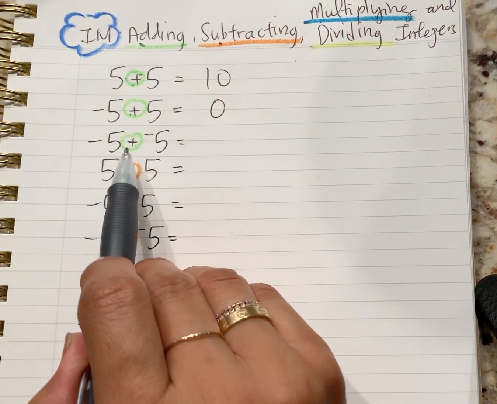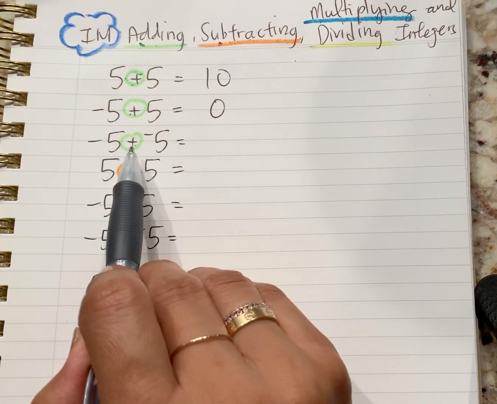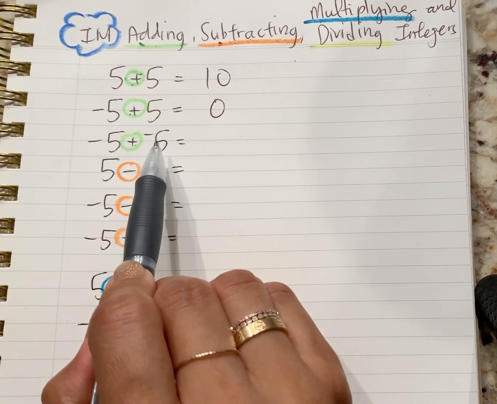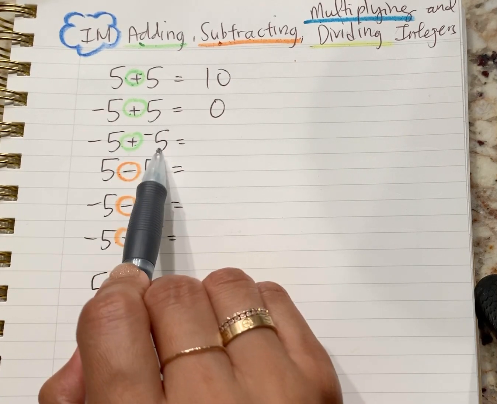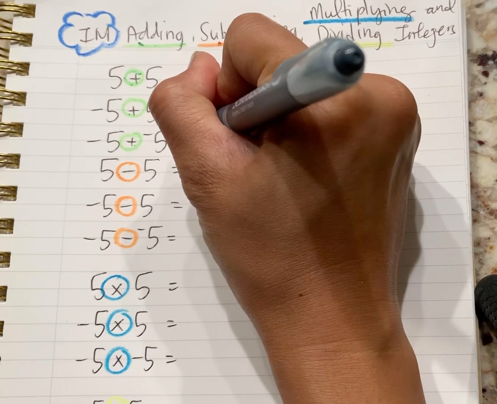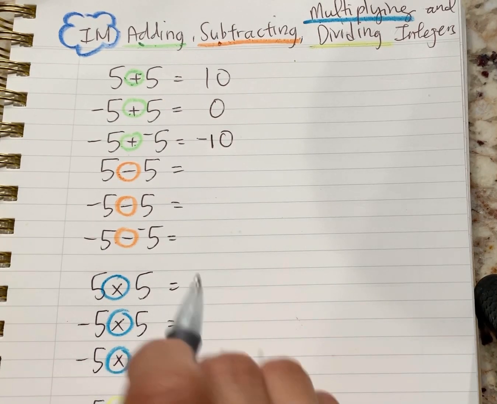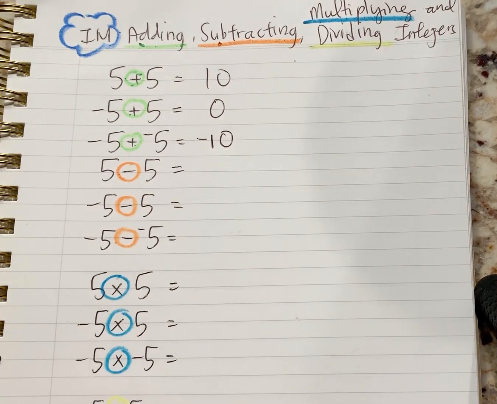Okay, so here's a third addition problem. It's negative 5 plus negative 5, adding on more debt. So if you had $5 in debt before and you add on more debt, you're going to have negative 10. Now you owe $10. You're in debt, negative $10.